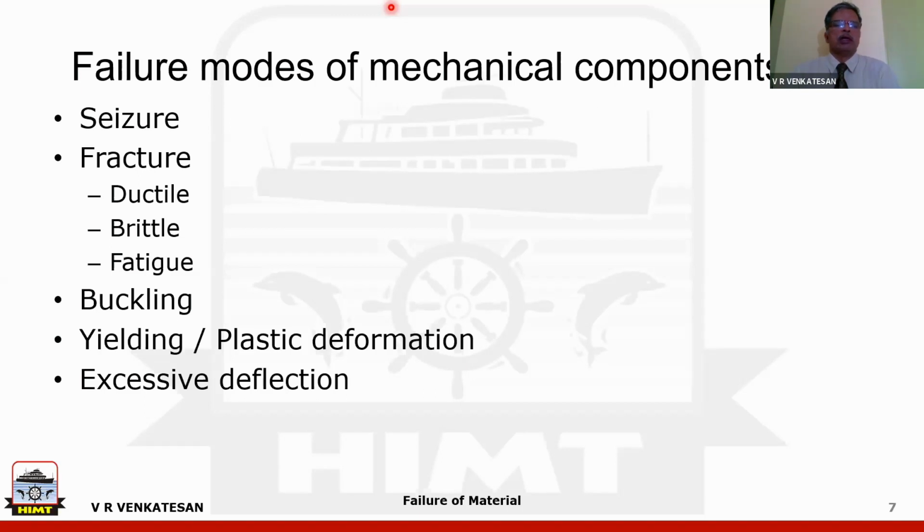So we are mainly looking at these kinds of failures first. There are others which are more about how parts wear down, and because the parts wear down, sealing failure takes place. They are all additional types. But this class is mainly focusing on these types of failures.